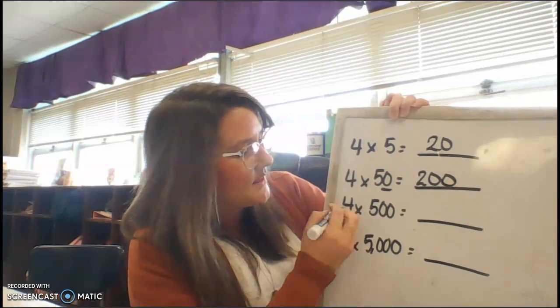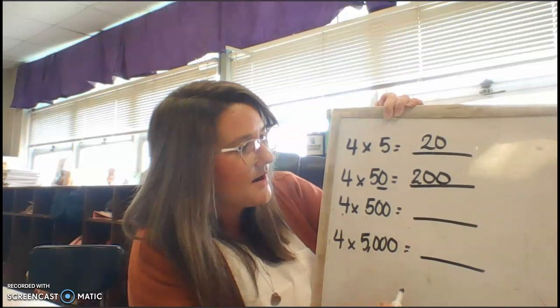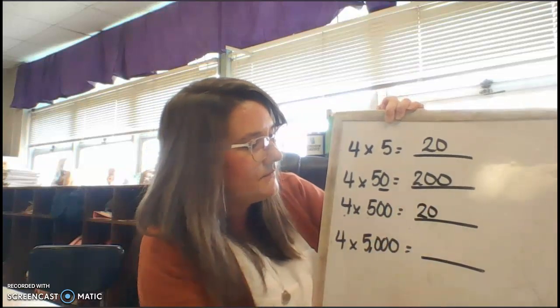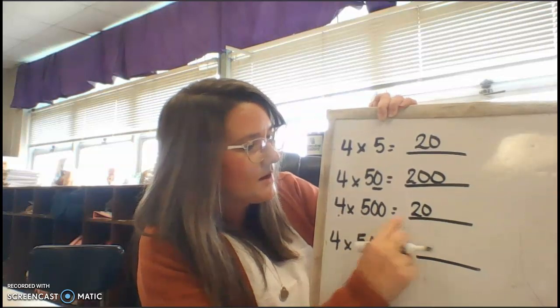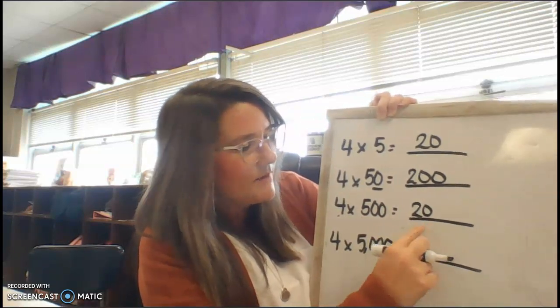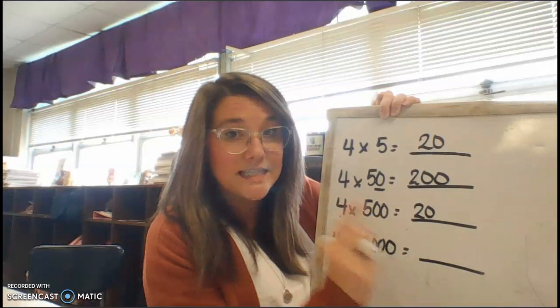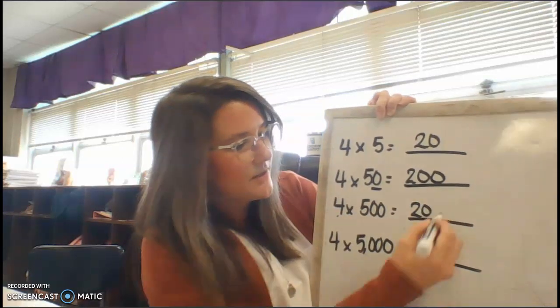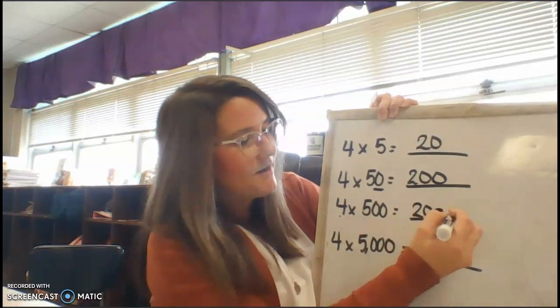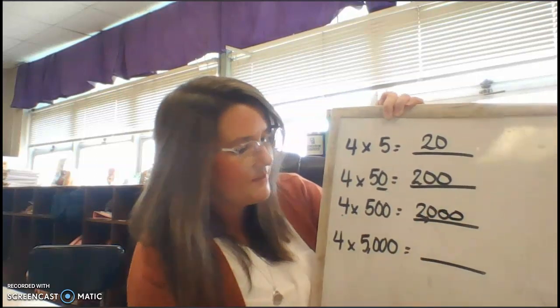Again, I can think of 4 times 5 is 20. I have 2 magic zeros, so I need to multiply 20 by 10 twice. So 4 times 50 is 200. Then 4 times 500 would be 2,000.